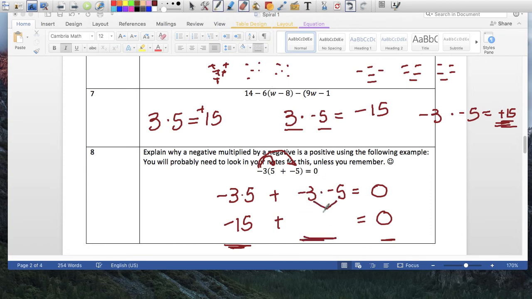And we didn't know what a negative times a negative was, but in order to make this sentence true, the only thing that -3 and -5 can be is 15 positive in order to equal 0. Okay, so therefore, we assume that from that, a negative times a negative equals a positive.